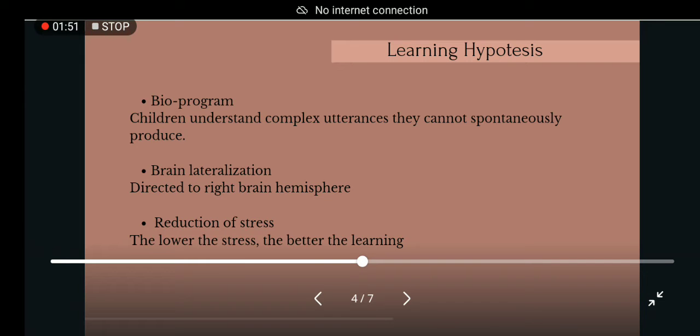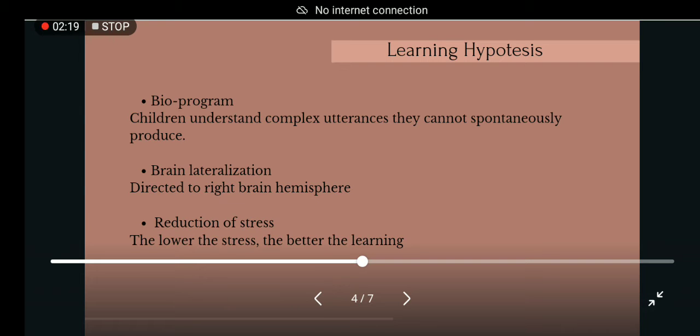And within the learning theory, we find three important hypotheses. First, the first and second language learning parallel: Asher sees first and second language learning as parallel processes, like children understand complex utterances, but they cannot spontaneously produce them.